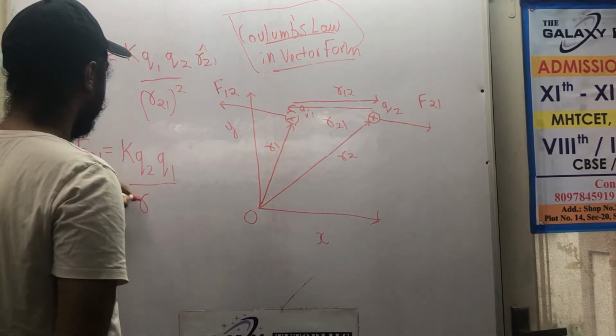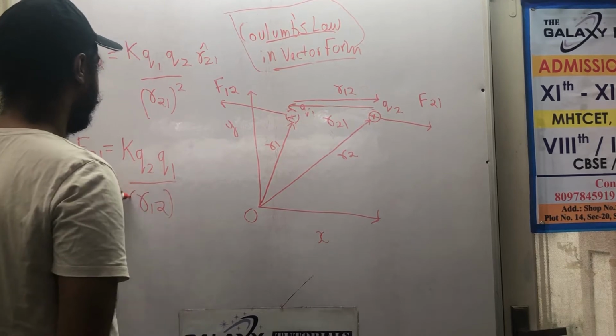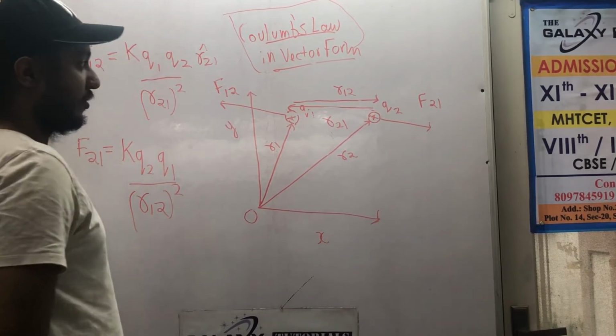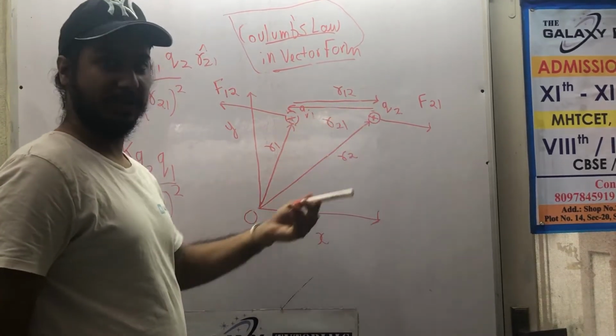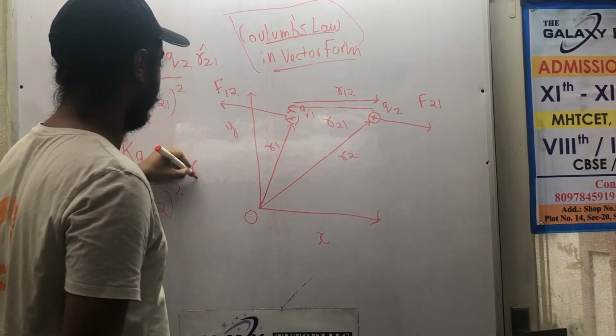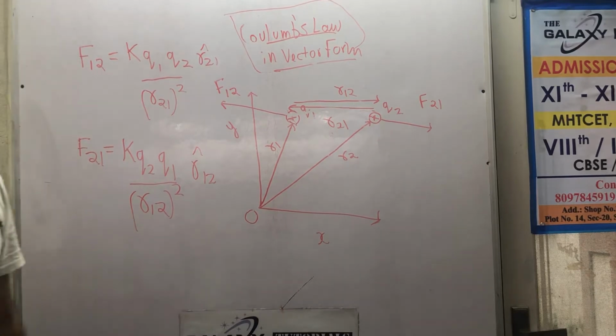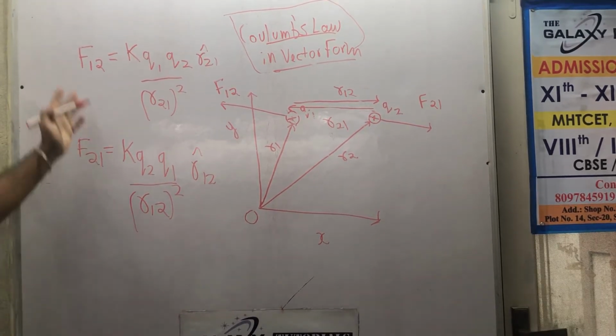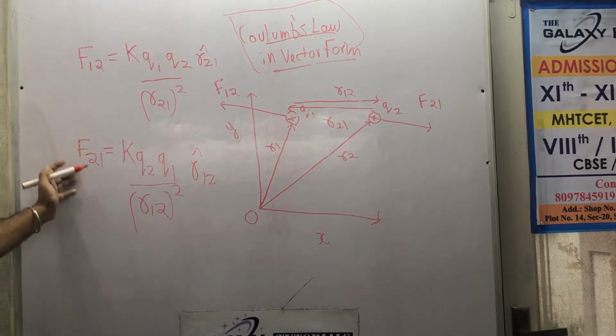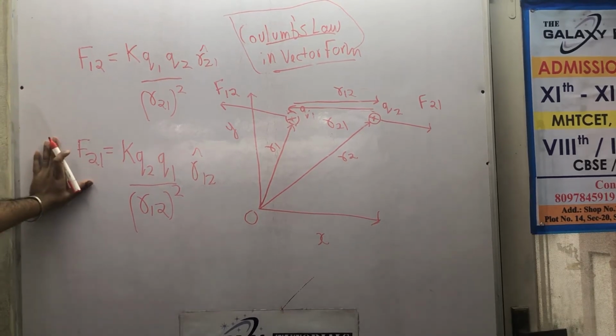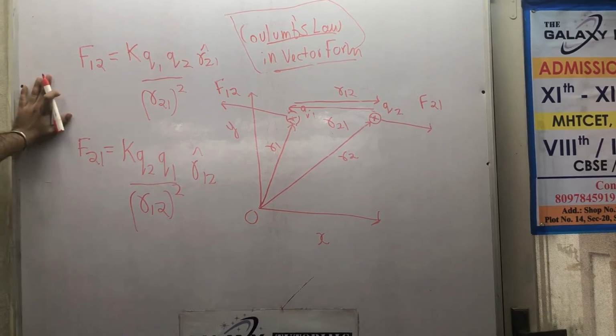So here it will be R12 whole square, and in which direction it is facing? It is facing in this direction, so I will make a unit vector here, R12 cap. R12 cap is basically indicating the direction. Okay, so this is the value of F12 and F21 with respect to their directions. This is why the vector form is important, to indicate the direction.